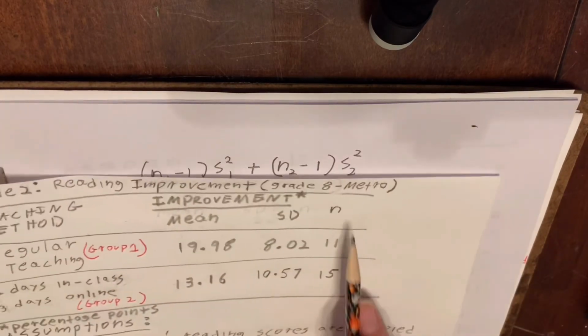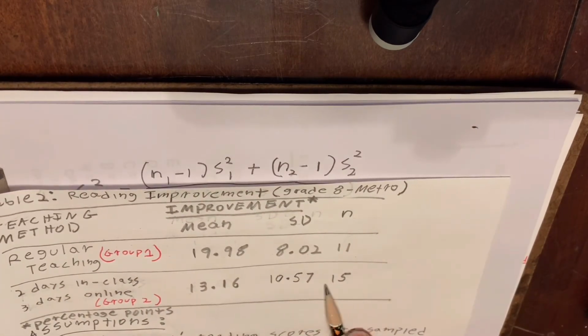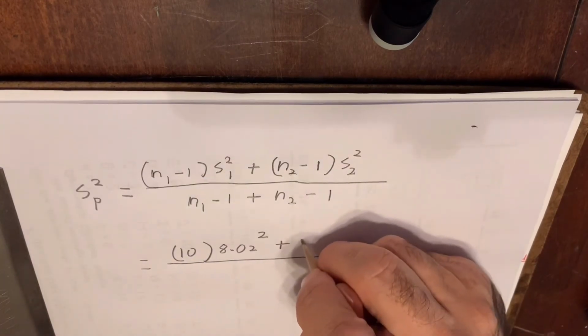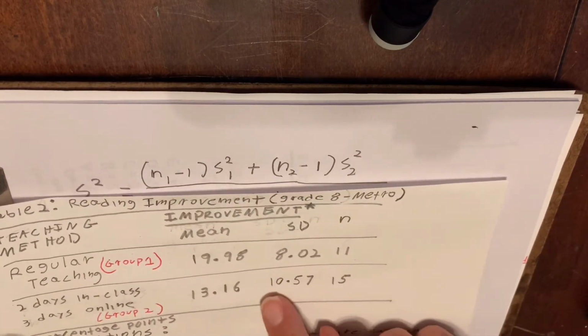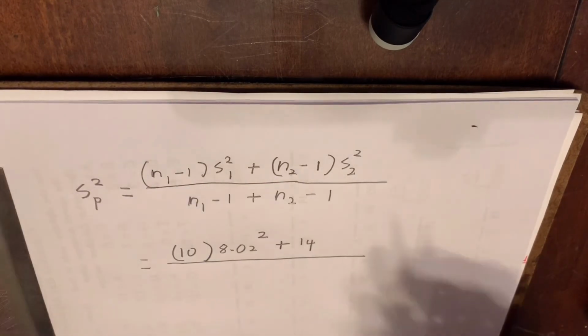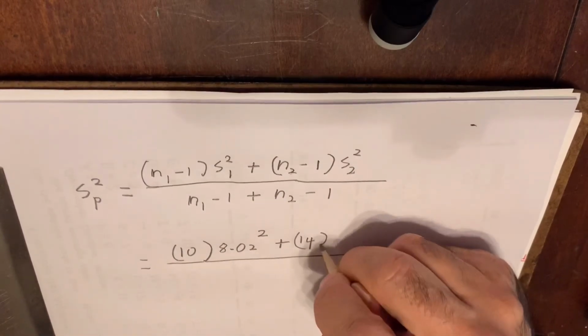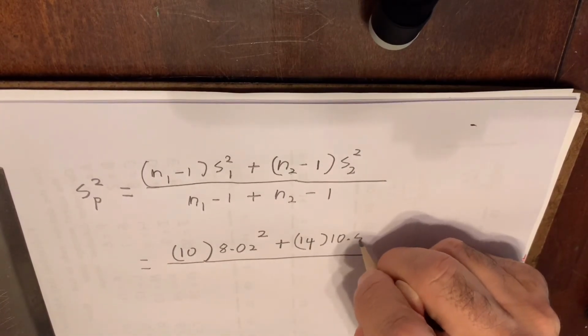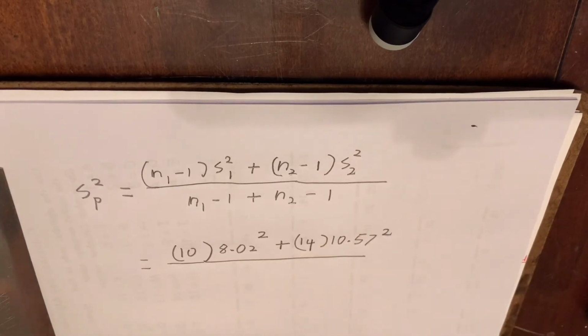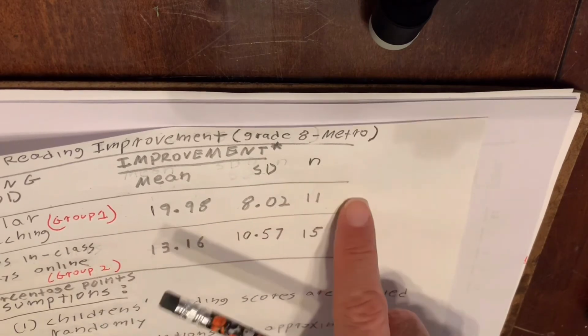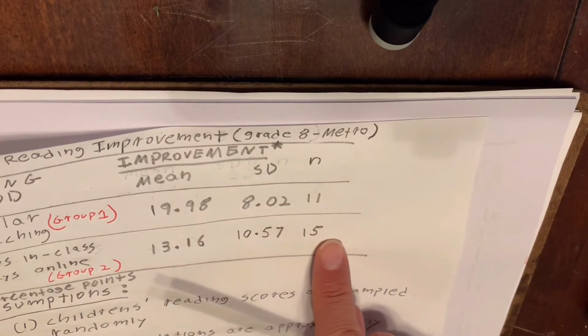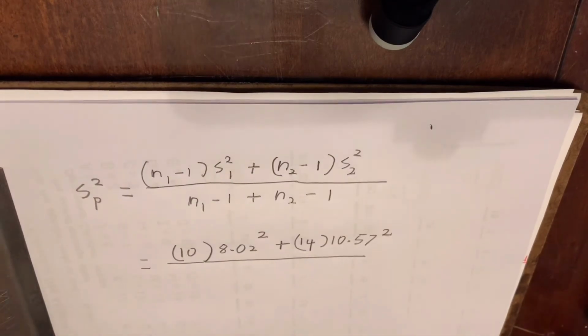So the number in the second group is 15, that's the sample size. So 15 minus 1 is 14. And 14 times 10.57 squared, and we divide this by 11 minus 1, which is 10, plus 15 minus 1 is 14. 10 plus 14.